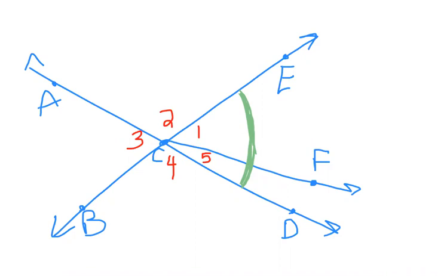Let's see. What else could I do? Oh, I know. Let's talk about the measure for a minute. If I told you that the measure of this angle, the one in green, ECD, let's say the whole thing is 70 degrees.